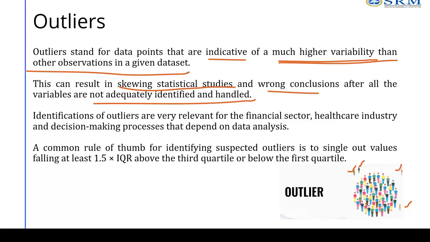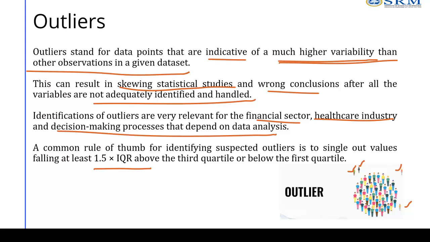So identification of outliers is very relevant for the financial sector, the healthcare industry, and in decision making processes that depend on data analysis. The common rule of thumb for identifying a suspected outlier is to single out values that fall outside 1.5 times the interquartile range, which is IQR.